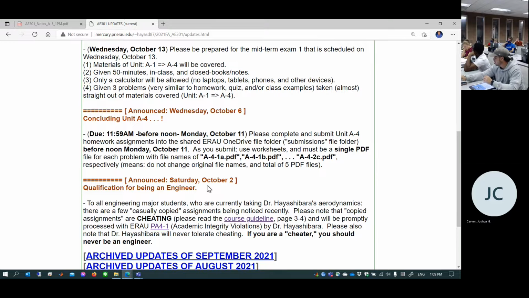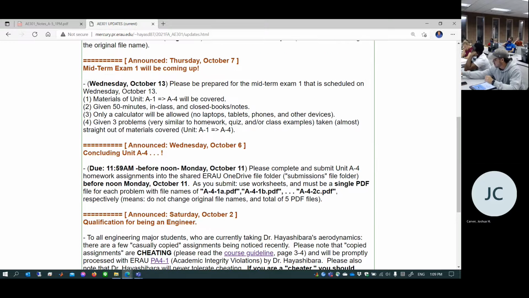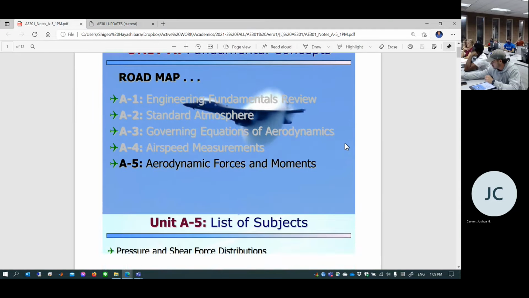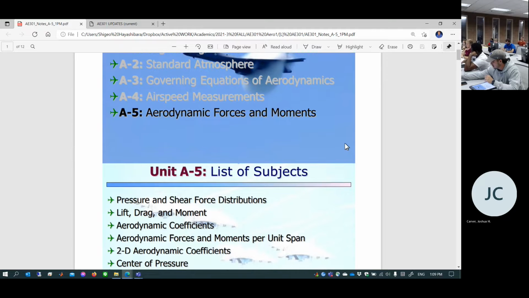Any other question? Good. So today we are going to get into unit A5, aerodynamic forces and moments. This is probably the beginning of the actual subject of aerodynamics. We are getting out of all the review phases of fluid mechanics. The fluid mechanics review process is quiz 0. Once you go through all the programs of quiz 0, program 1A, 1B, all the way to 6, which is total 7 programs, that's quite a bit of work.